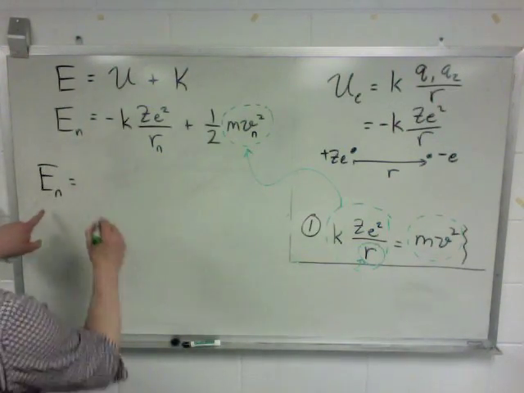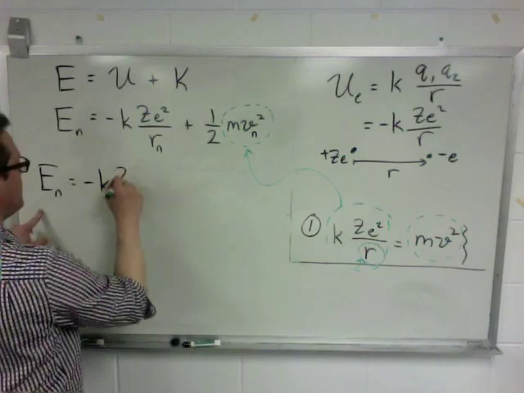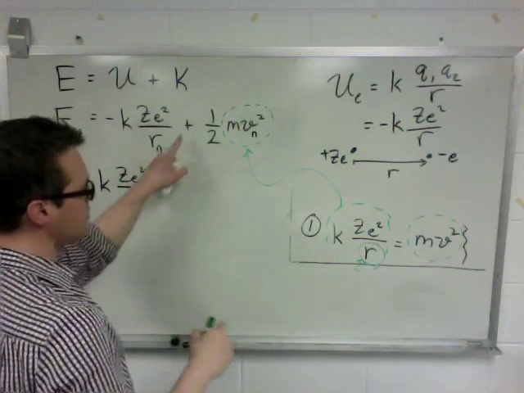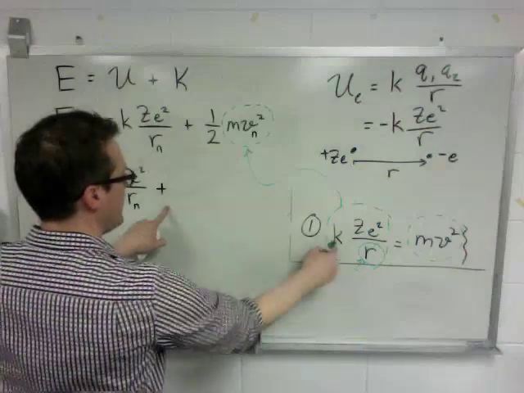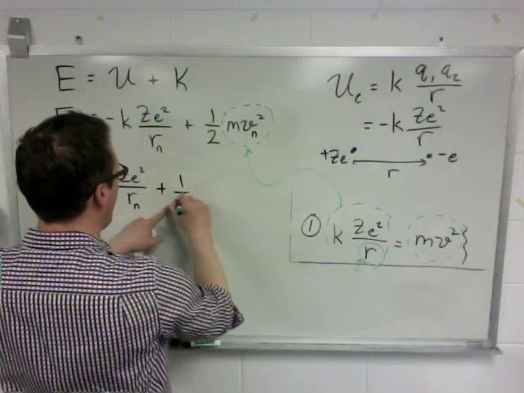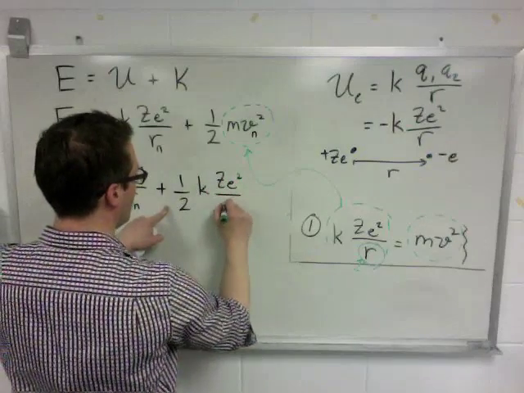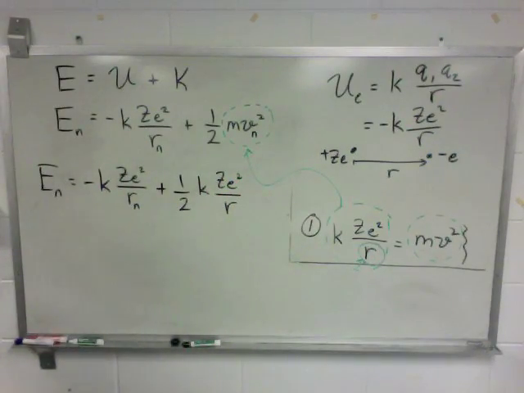All right, so I've got negative K Z E squared divided by R sub n plus 1/2 K Z E squared over R. That's kind of interesting.